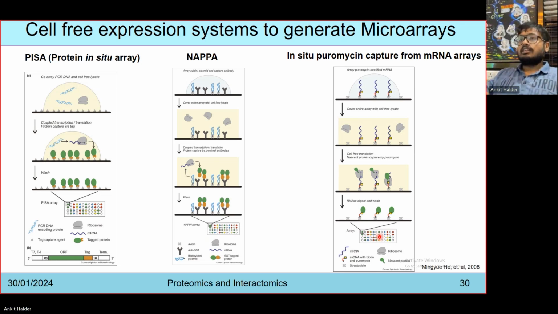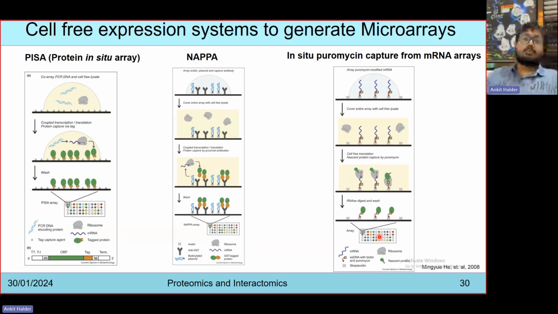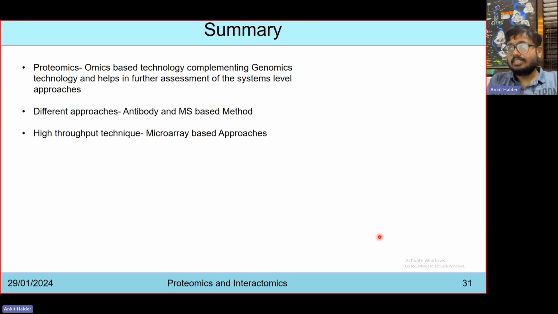So this is definitely an overview of the different techniques, right from proteomics to interactomics and studying the interactions. The major goal here was to have a broad sense and flavor of what is happening in this particular field and what the different technologies are that help us get an overview of cellular processes.